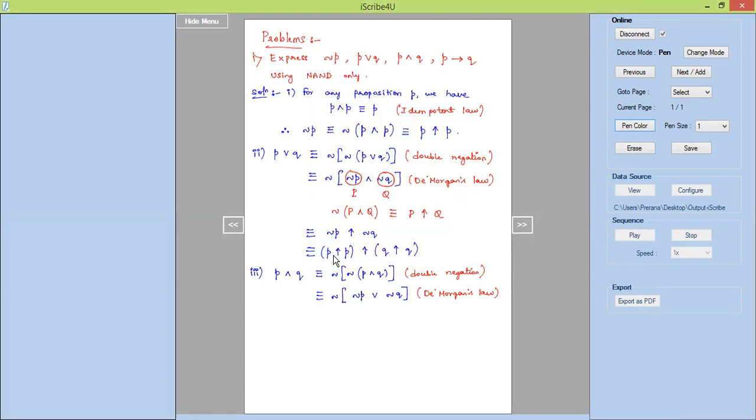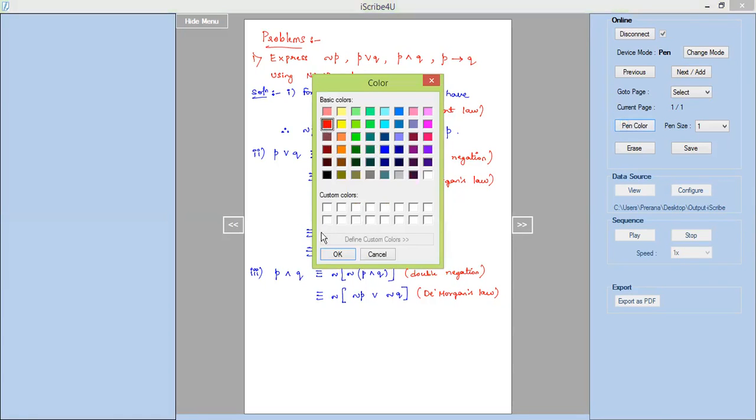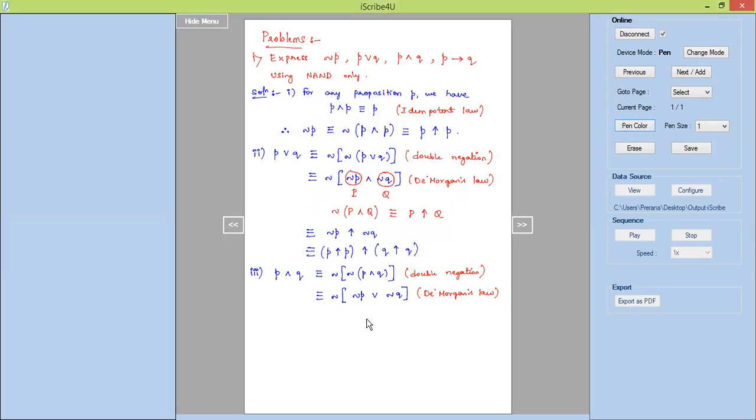Next, I will assume this entire expression within the big bracket as, say, capital P. So this is now of the form negation P.